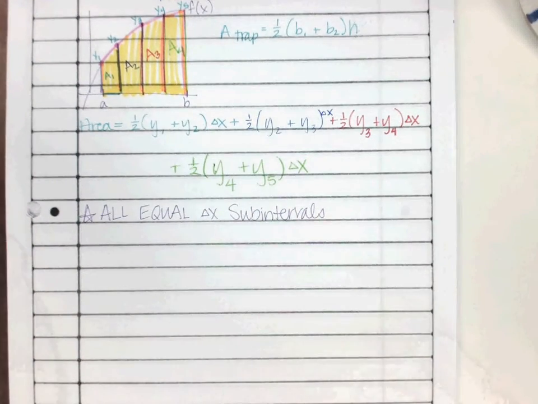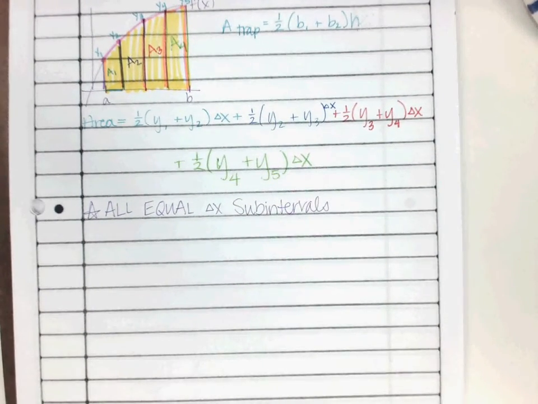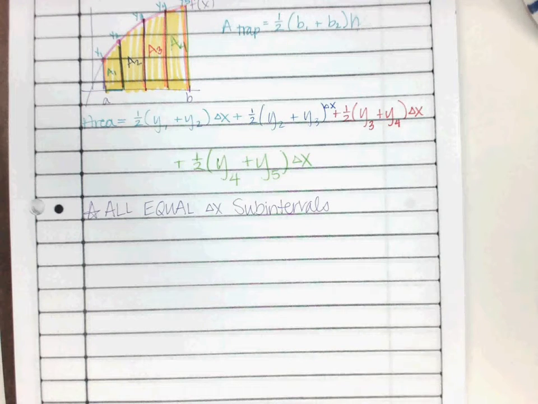If you have all the exact same delta x, what can you GCF out of your formula? Two things. They all have a delta x, which we're pretending is the same. And then they also all have a 1/2.